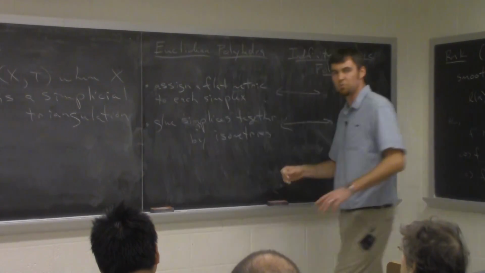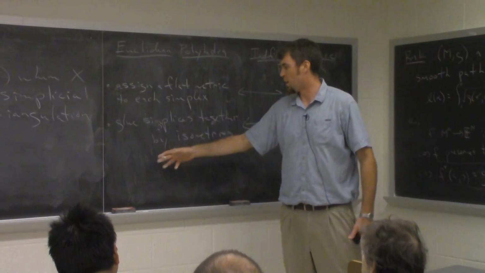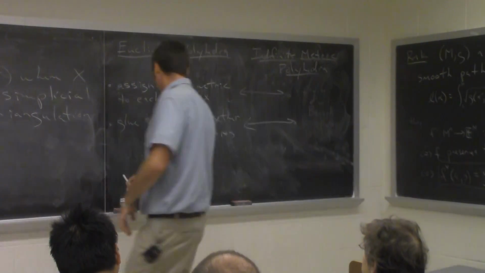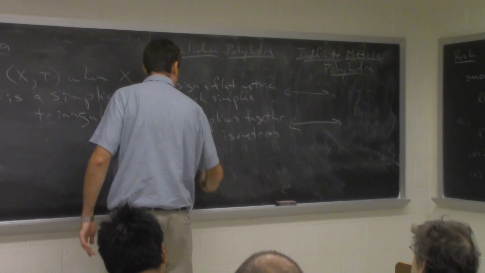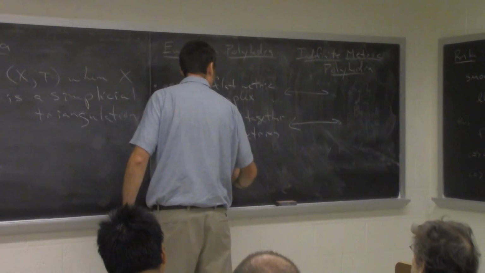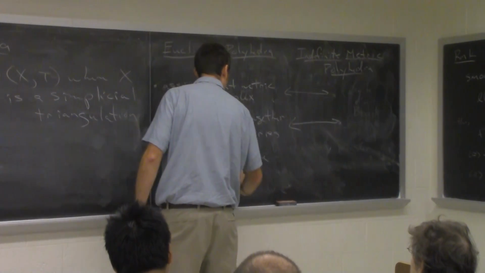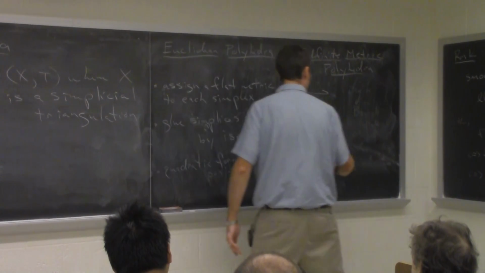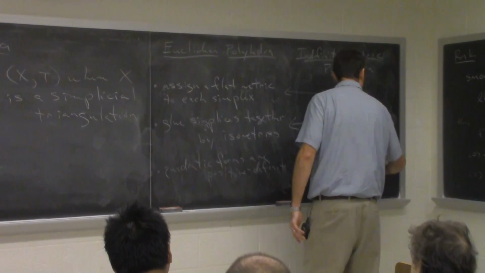Same setup, isometries. But in the case here, you want your forms to always be positive definite, and here you don't care what the signature of the form is. That's the difference. So here, quadratic forms are positive definite. And here, quadratic forms can have any signature.